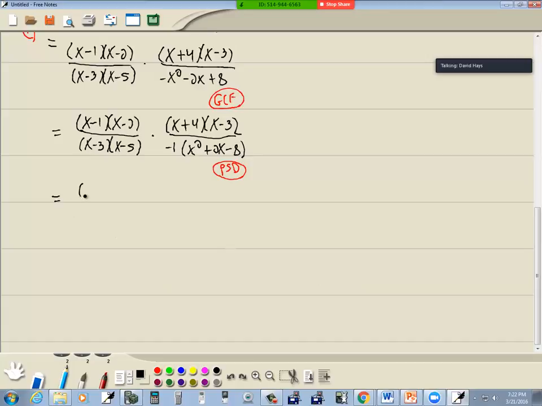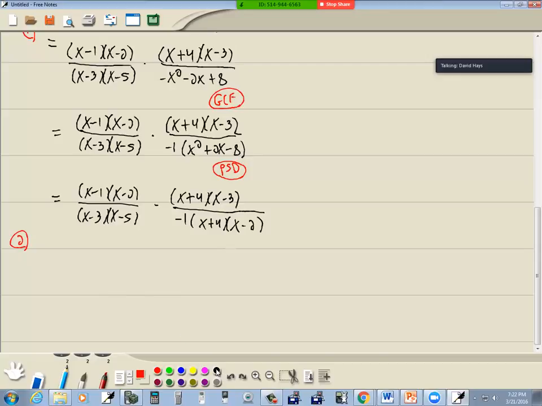So I'm going to have x minus 1, x minus 2, x minus 3, x minus 5, x plus 4, x minus 3, and negative 1 times x plus 4, x minus 2. So now I've factored everything as much as I can factor it.